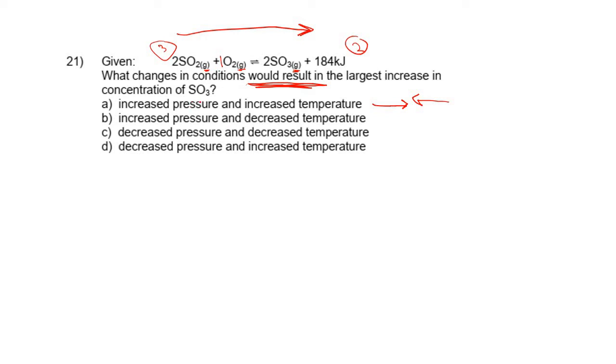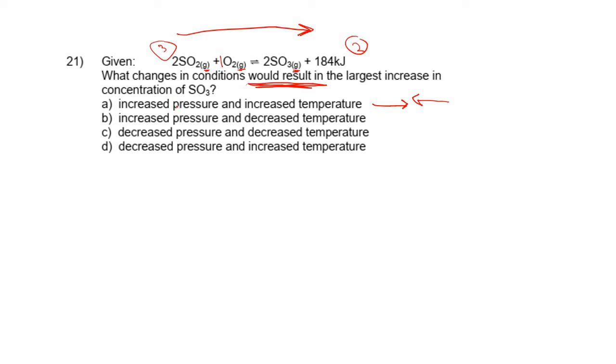All right, another way you could think about it, increased temperature, is always go to the side with more gas particles. When you talk about you're away from what's added and towards what's taken away, this is the side that's going to be most affected, right? So go to the side with the most gas particles and do your away from what's added and towards what's taken away in relation to that, right?